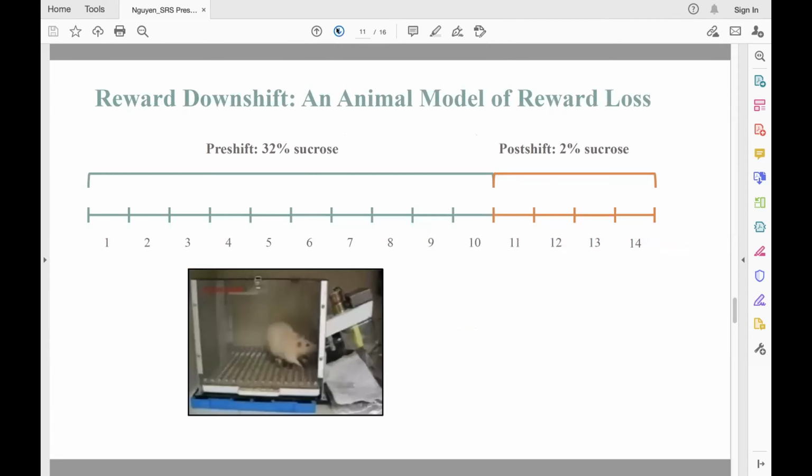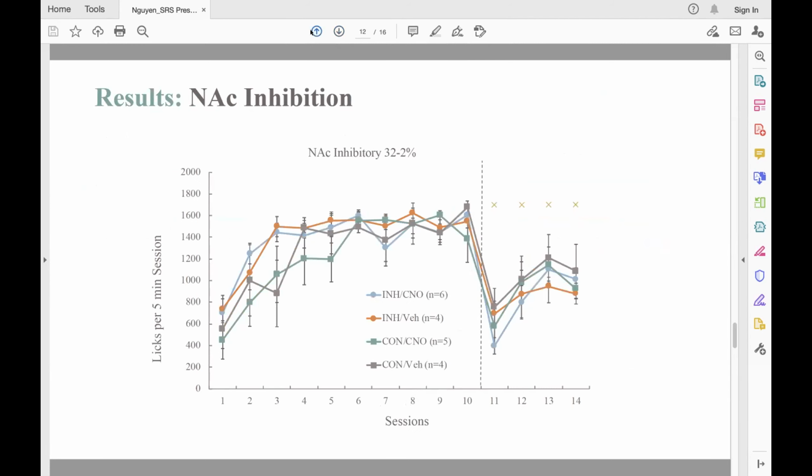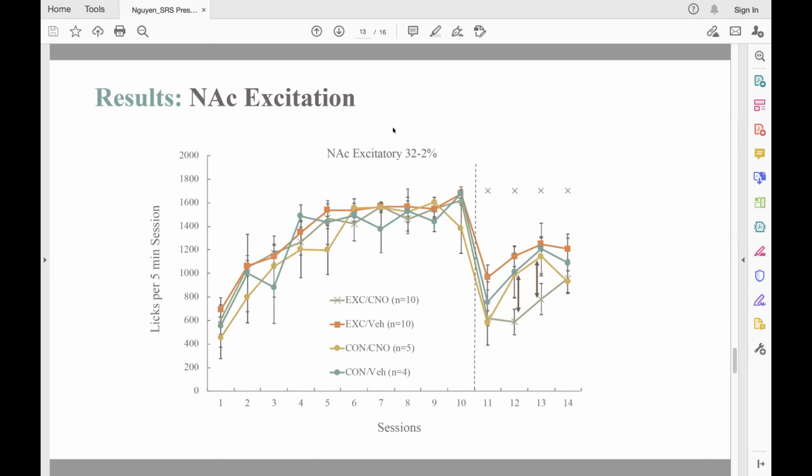After surgery and recovery from surgery, we moved into 14 days of RD, as I described earlier. Our preliminary results show that NAC inhibition did not have any effects on RD. However, NAC excitation actually reduced sucrose consumption and slowed down the rate of recovery, as you can see here on sessions 12 and 13.